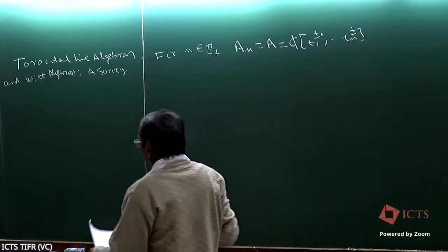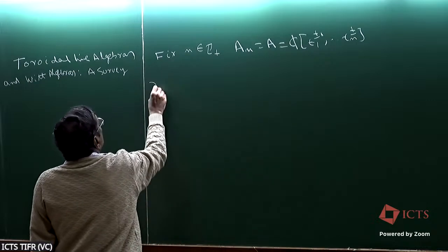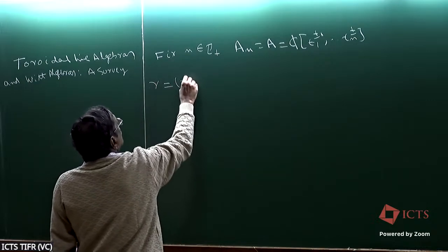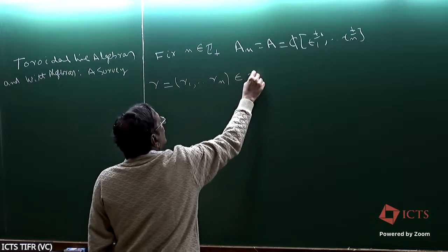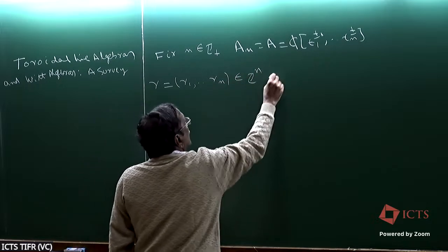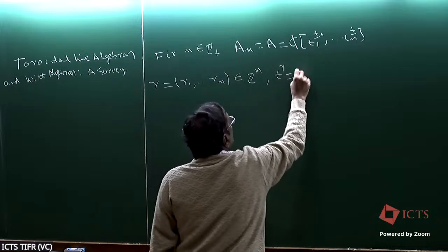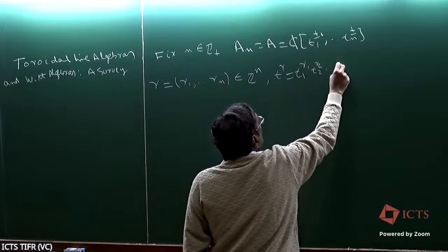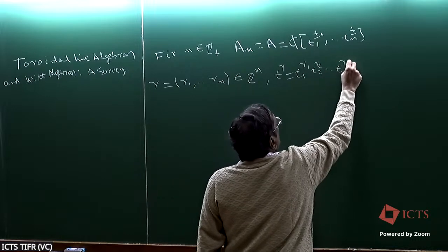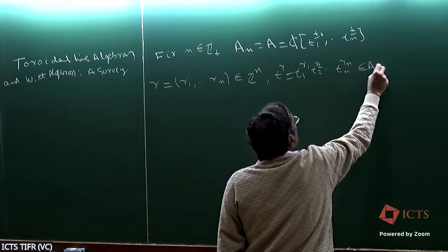So r belongs to Z^n, and t^r belongs to A. Okay.